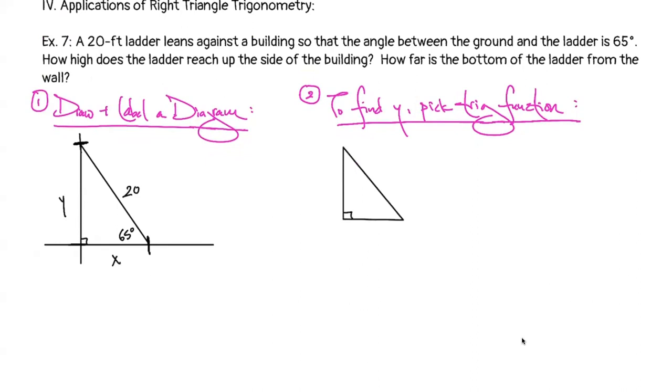Close enough. Okay. So we know that this is Y, this is what we want to find. This is 20, and this is 65. Should we use sine, cosine, or tangent? Let's go back to the acronym that we started with, SOH CAH TOA. Which one is going to serve us best here?